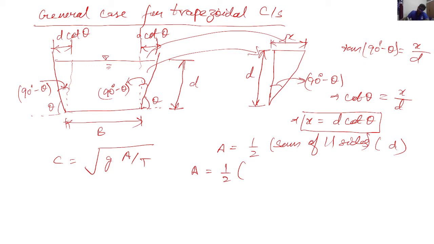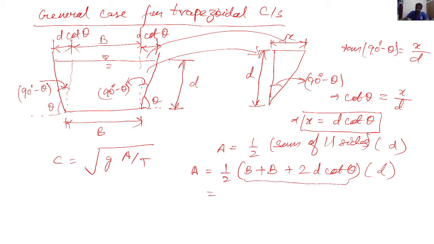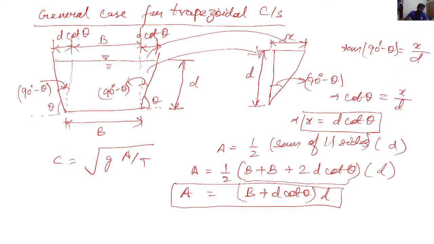The bottom side is b plus the top side, which is b plus 2d cot θ. It's very simple to understand, and multiply it with small d. So this becomes 2b plus 2d cot θ, and multiplying by half, it is (b + d cot θ) times d, the area of the cross section for a generalized subtended angle.